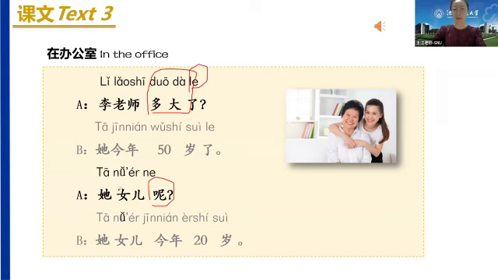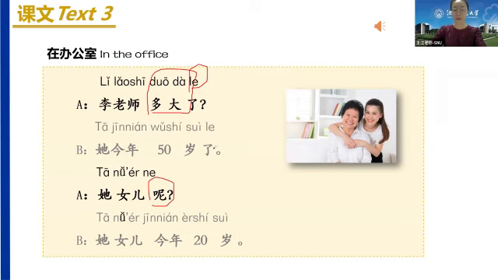And what about his daughter? It means how old is his daughter? 她女儿今年20岁. Her daughter is 20 years old this year.